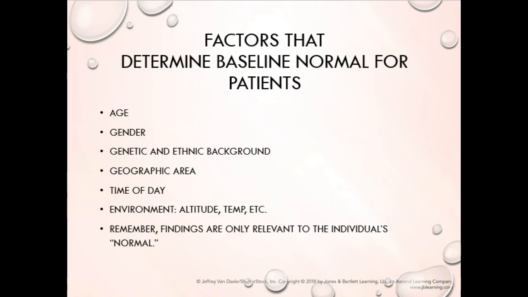So factors that determine baseline normal, I think you guys got all of these. Okay, now how they determine these baselines is they studied thousands of people. They did thousands of blood pressures in order to take the average and figure out baseline normal. They did thousands of levels of cholesterol in order to determine a baseline normal. There are some variations. For example, I know my temperature is about 97 normally.